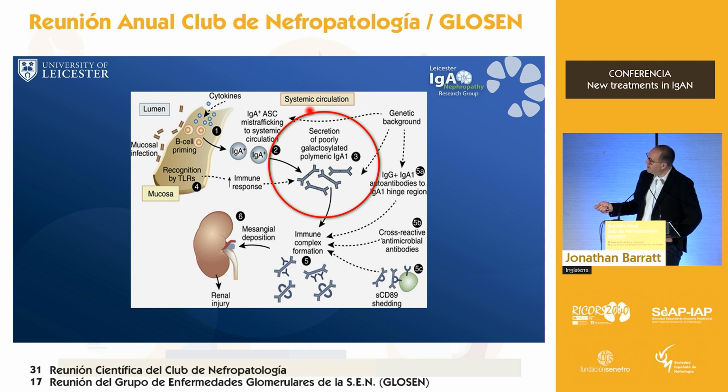As I've said, the major substrate for these immune complex formation is this particular form of IgA. It's polymeric, so it has two IgA molecules stuck together with J chain, and it carries changes in the sugars at the IgA1 hinge region. We can measure that in the blood, and we routinely measure that in IgA nephropathy, and we can see it's elevated.